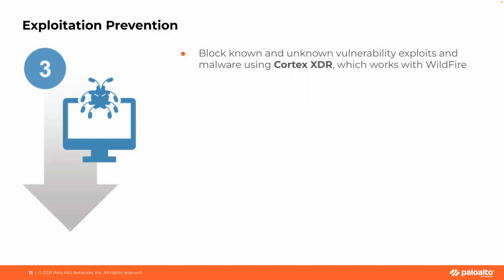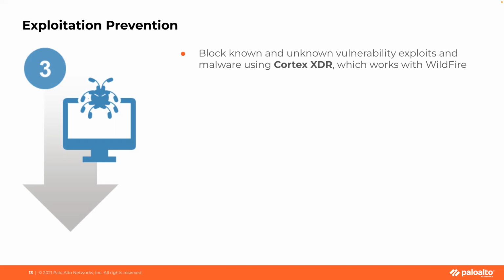What we can do here is use Cortex XDR, which is a software product from Palo Alto Networks that runs on the endpoints and blocks known and unknown vulnerability exploits and malware. What this means is that apart from using WildFire, signatures and machine learning to block virus files, it can also block both known and unknown vulnerability exploits because it targets the exploitation methods rather than particular exploits.